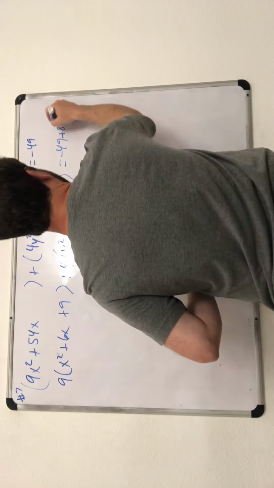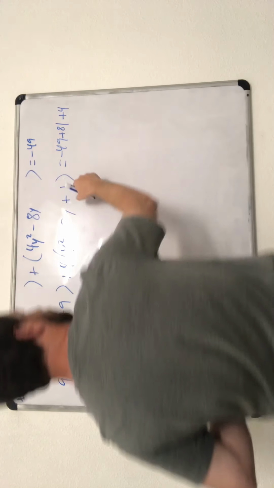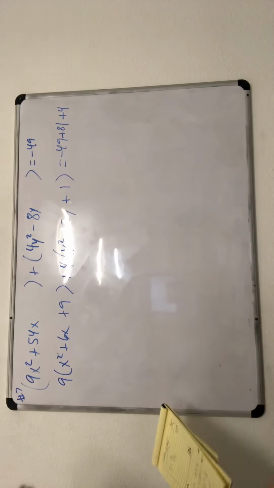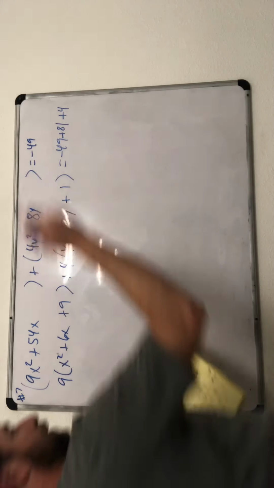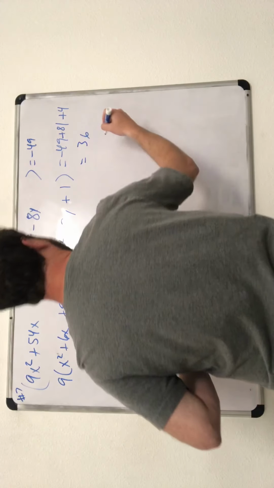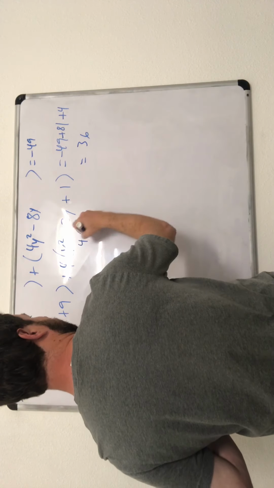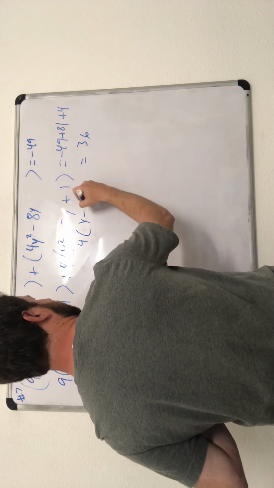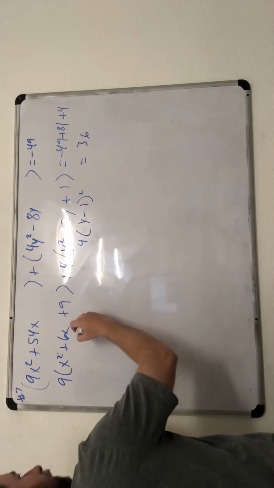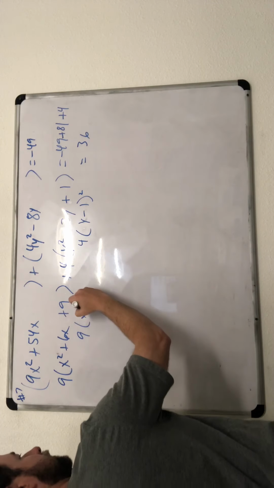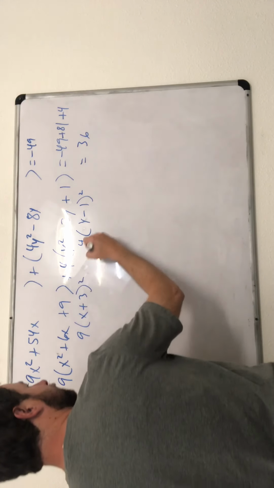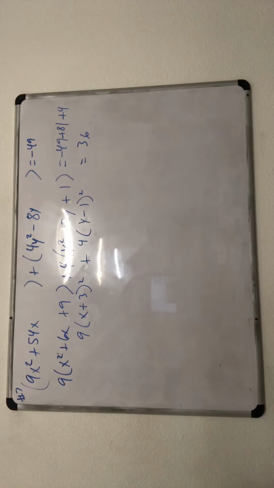So it's going to be plus 81, and this will be plus 4, because 1 times 4. And then, of course, once you add this up, it's going to be 36. And so we'll get 4 parentheses, y minus 1 squared, and 9 parentheses, x plus 3 squared, when you break it down there.